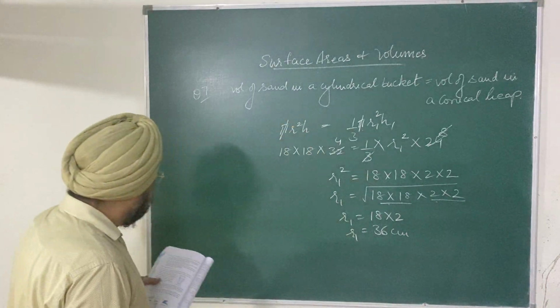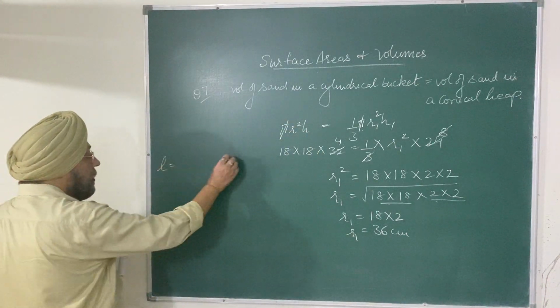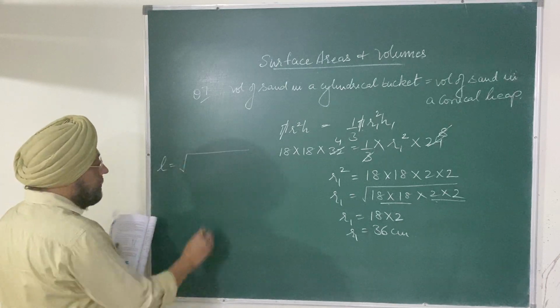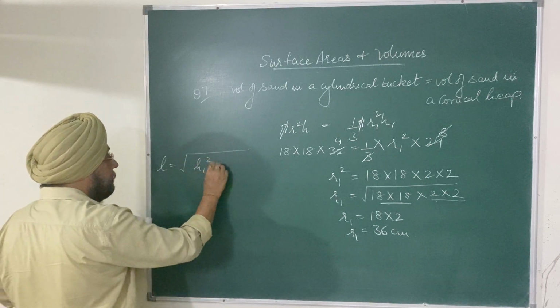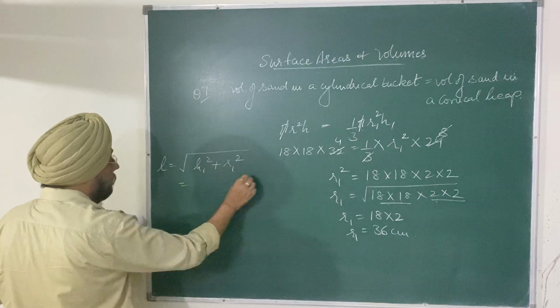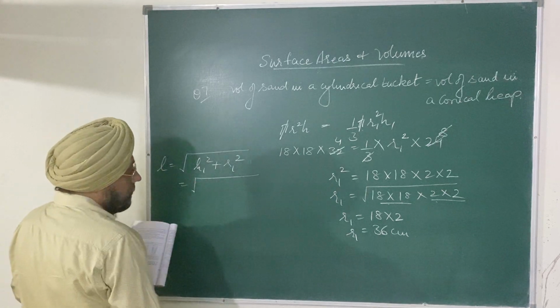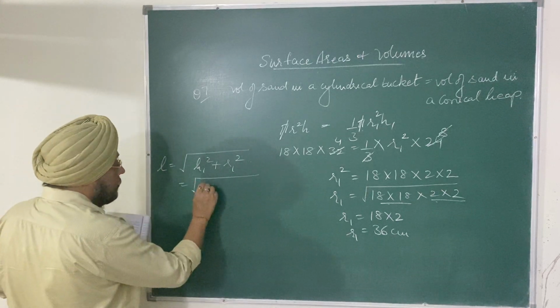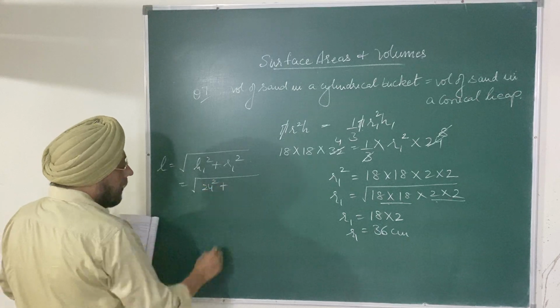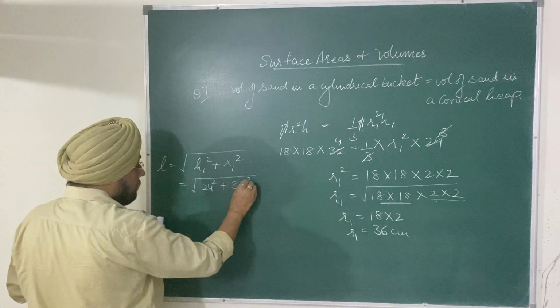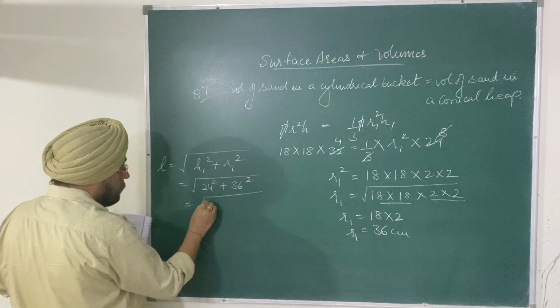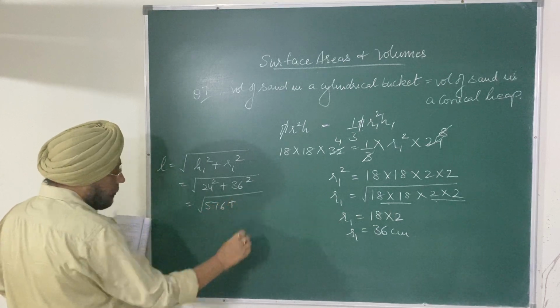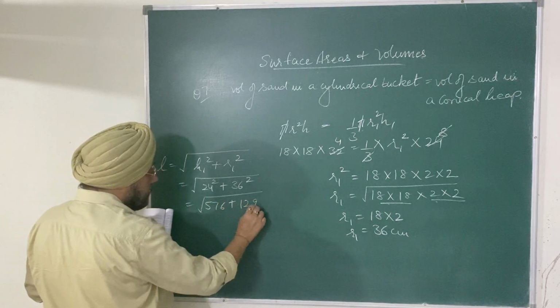So let's calculate the slant height of the conical heap also. So that is equal to the root of h1 square plus r1 square. Height of this conical portion is 24 and the radius is 36. So let's make a square. This is 1296.